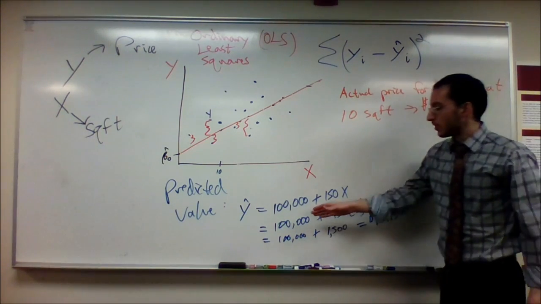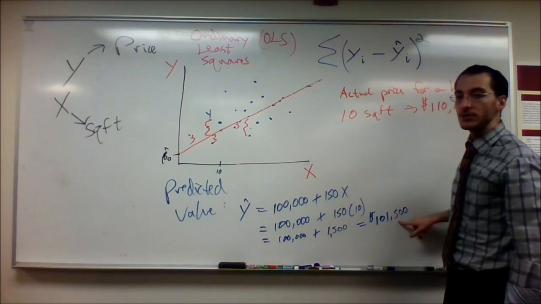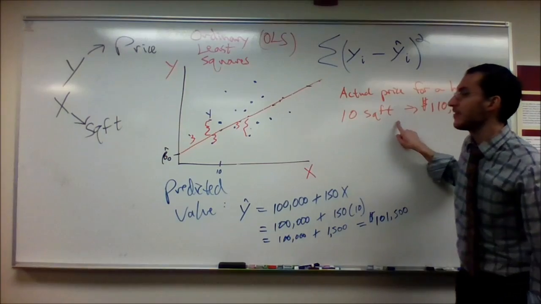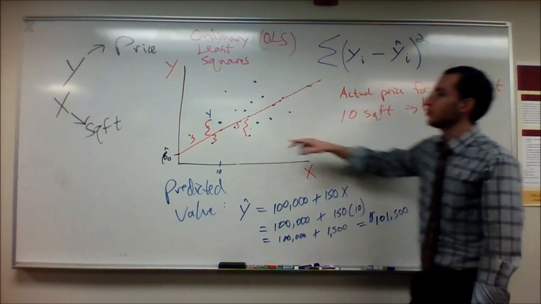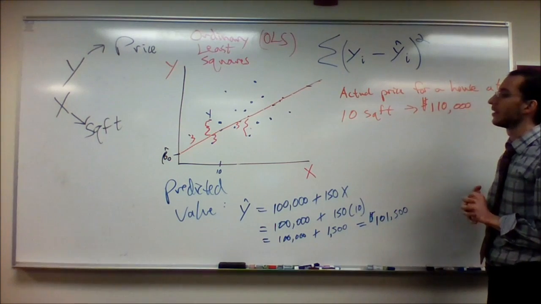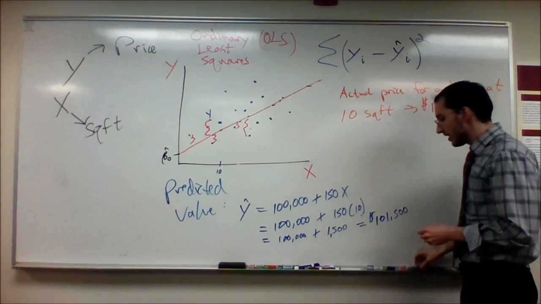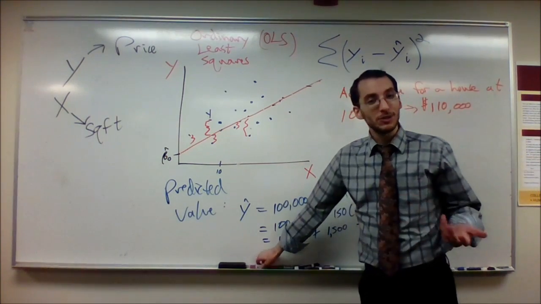So again, I've got a predicted price of $101,500, but let's say the actual data point is at $110,000. So I can calculate something now called a residual.